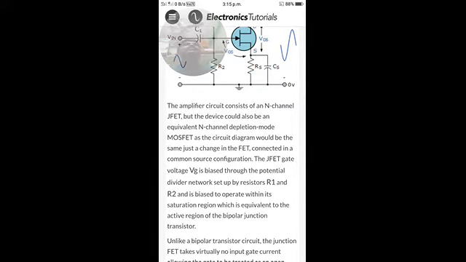So here the JFET is operated in the saturation region. Like the BJT, the JFET also operates in three regions: ohmic region, saturation region, and breakdown or cutoff region.